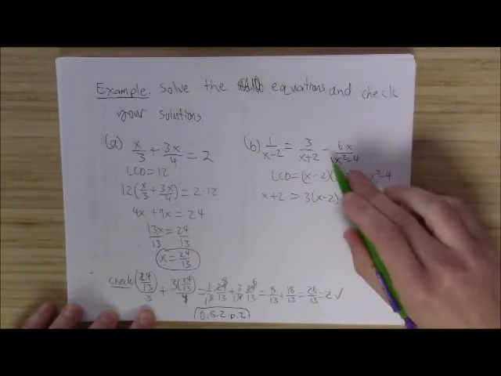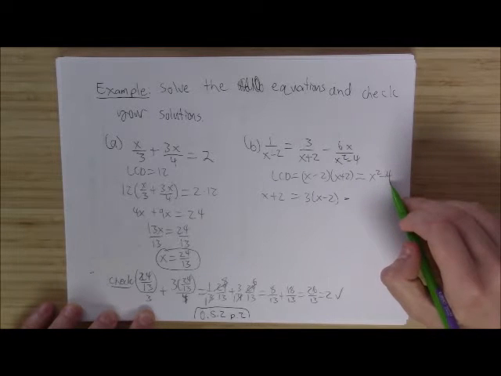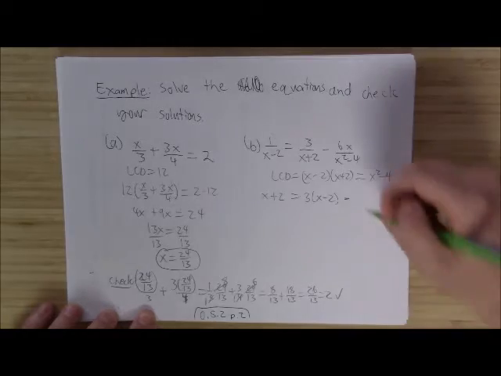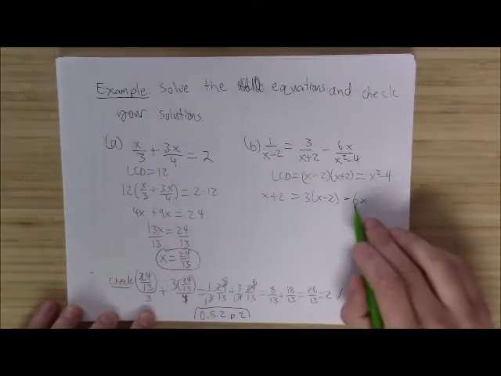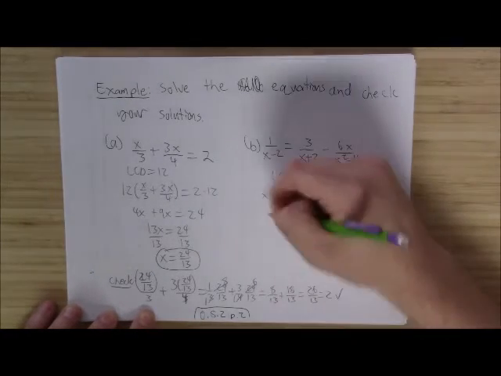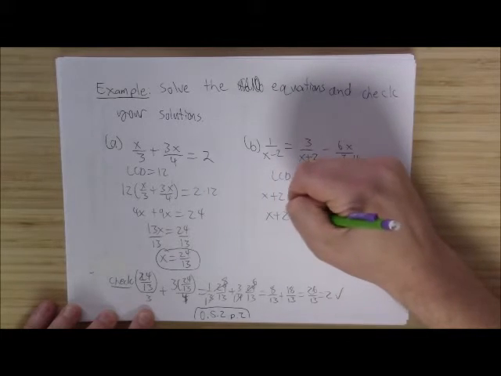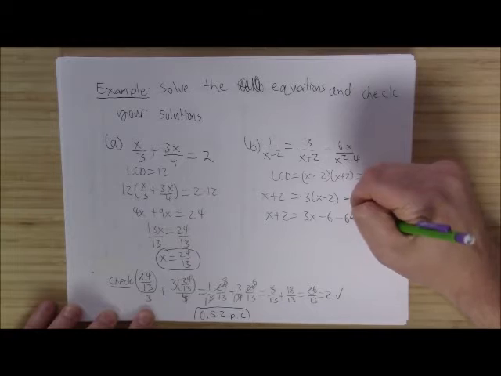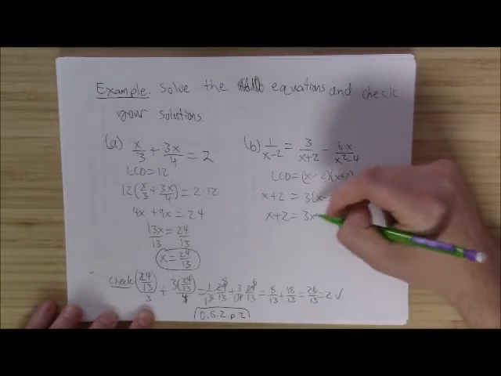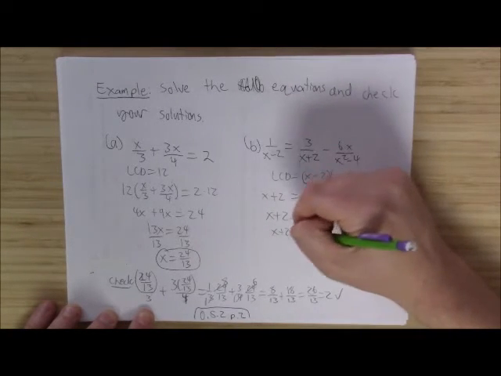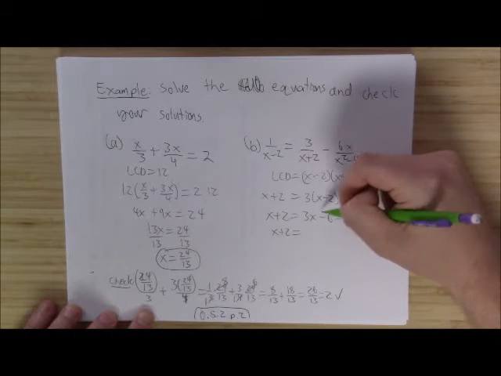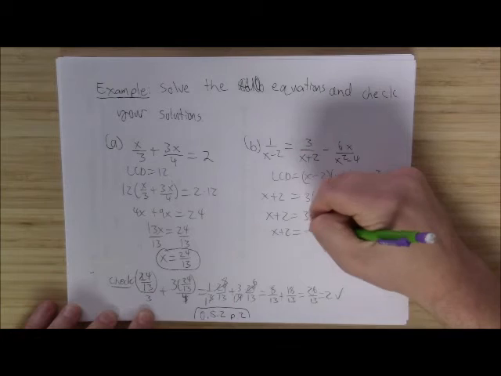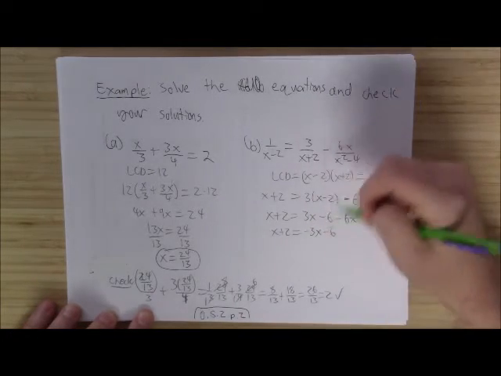And then finally here, all of the x squared minus 4 would cancel, and so we would end up with 6x. Expanding this out, we have x plus 2 equals 3x minus 6 minus 6x, so 3x minus 6x is negative 3x minus 6.